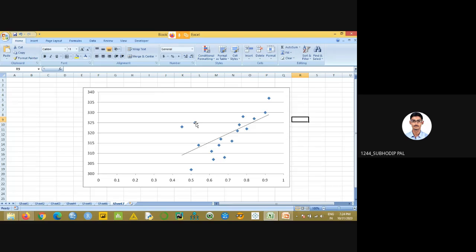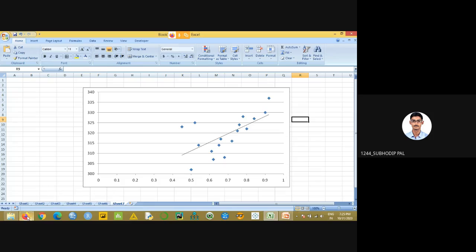A point above the line gives a positive residual, and a point below the line gives a negative residual.